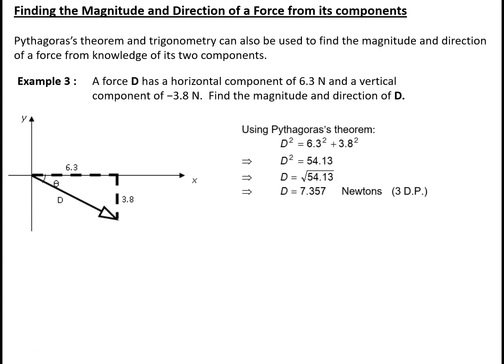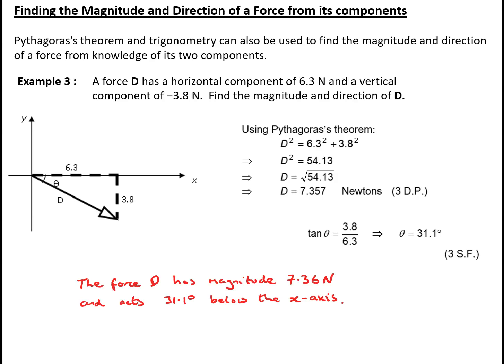We've got tan theta is the opposite over the adjacent, so that's 3.8 divided by 6.3, and that tells me that theta must be 31.1 degrees. So we can say that the force D has a magnitude of 7.36 newtons and acts at 31.1 degrees below the positive x direction.